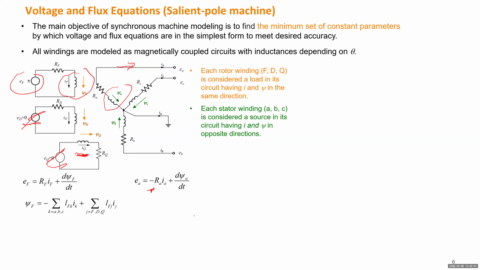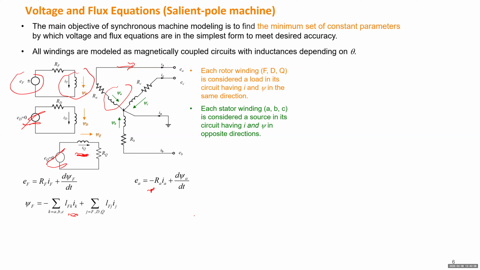Okay, for the flux linkage, the flux linkage in winding F is contributed by all currents. Each current is just a linear combination of many atoms, right? Each atom will be one current multiplied by a mutual inductance.